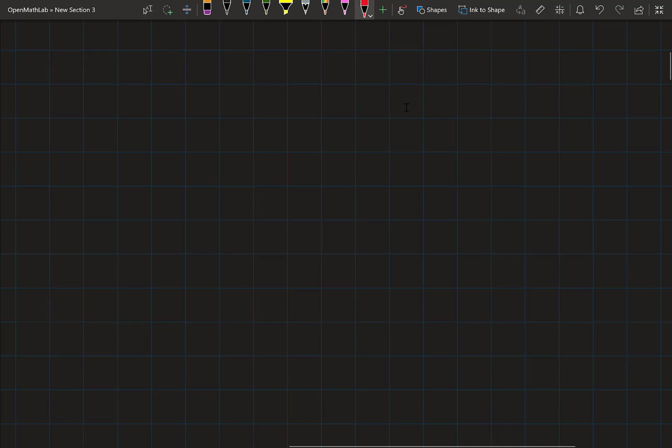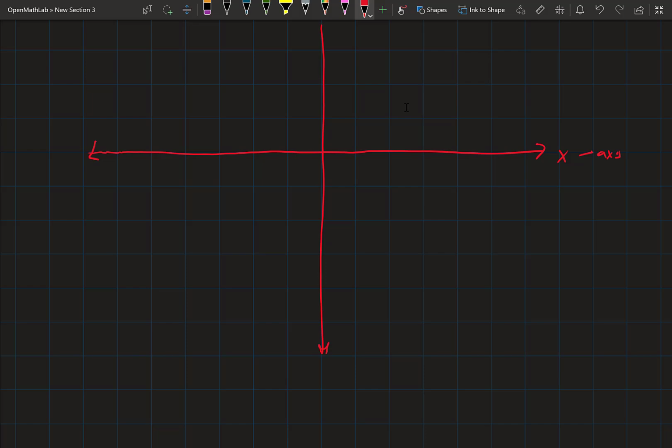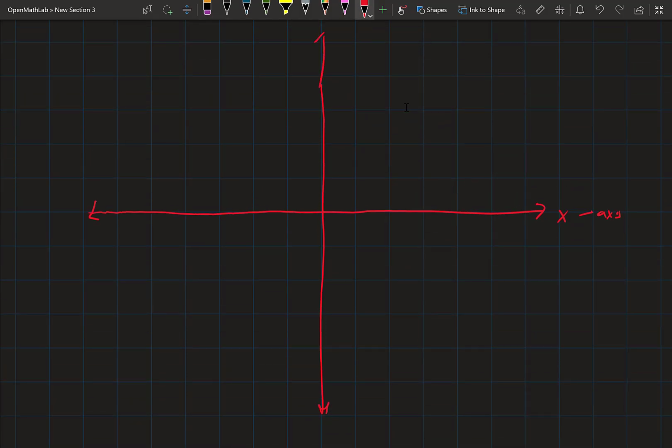So just make an x-axis. Make a y-axis. And let's say my interval goes up by a fourth.